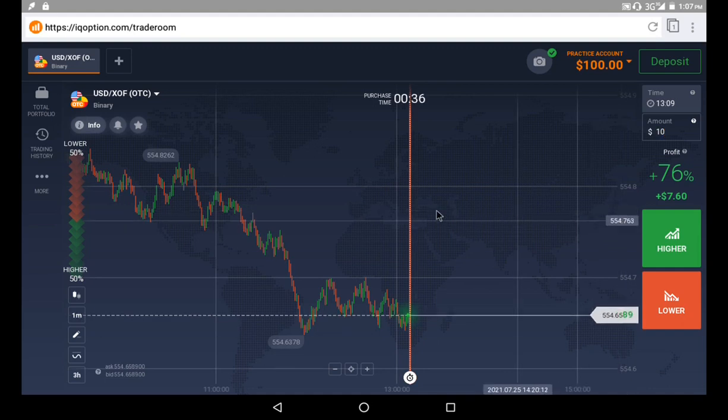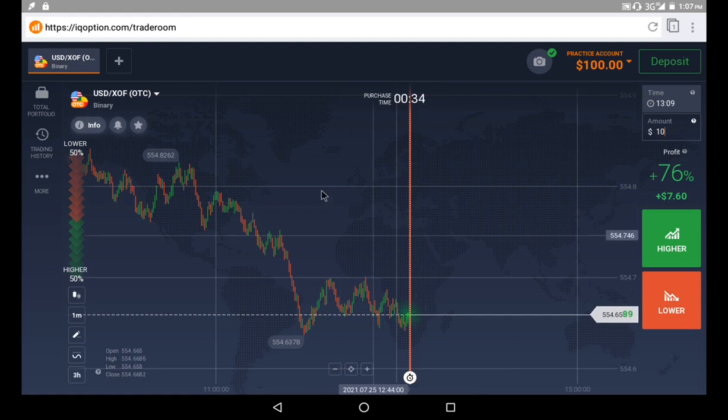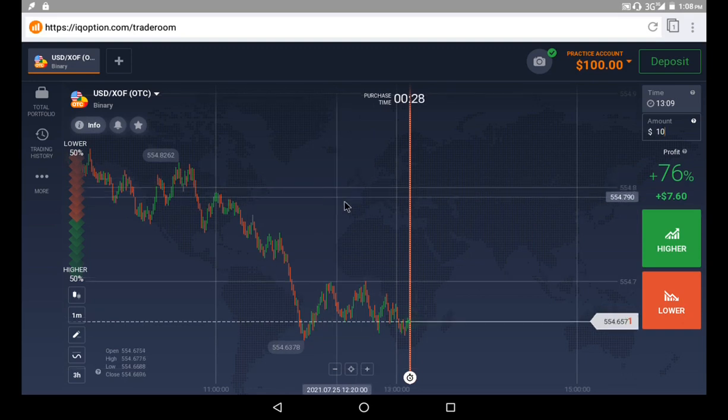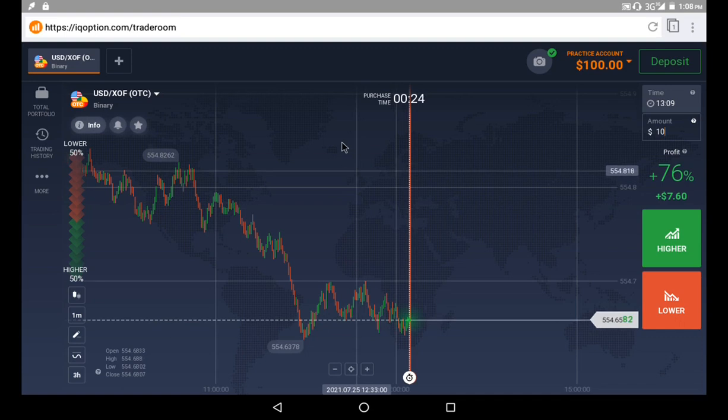Even if you are moving your mouse, the cursor on the screen of your trading platform, you will notice some numbers attached to it that move along with it, you see.